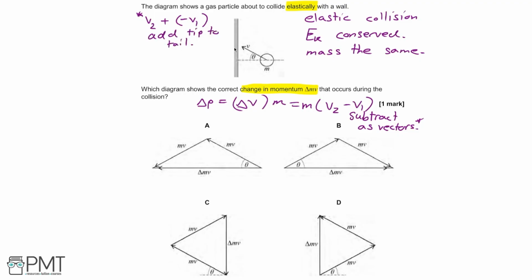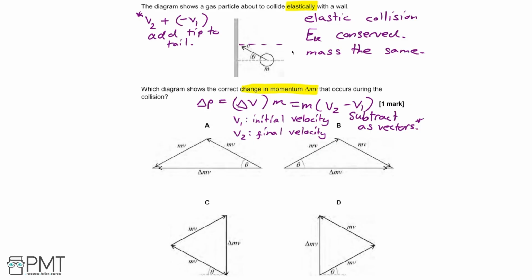So now we need to figure out what the new velocity looks like from this collision. So firstly, we better define our velocities, specifically that v1 is the initial velocity, and that's already written on the diagram. It's at an angle of theta to the horizontal, and v2 is the final velocity. Then to proceed, we need to note that the wall is at right angles to the normal to the wall, this dotted line here, which I can also draw another one of there.